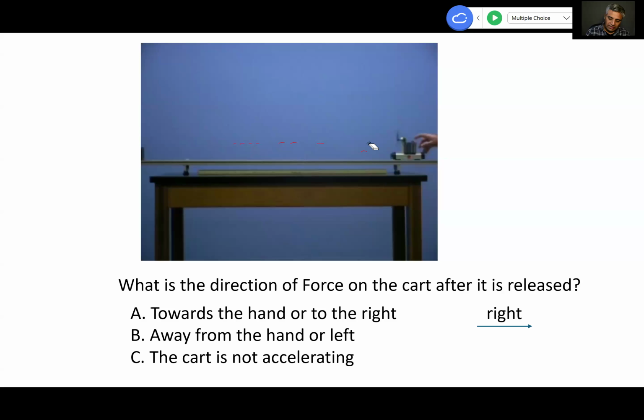So now here is a question for you with some choices.